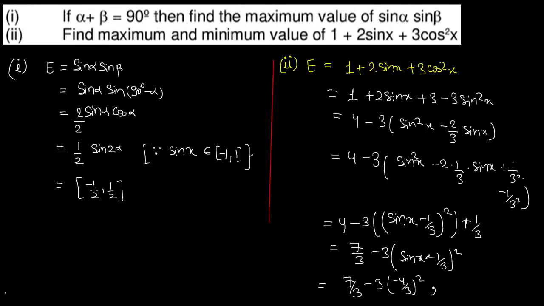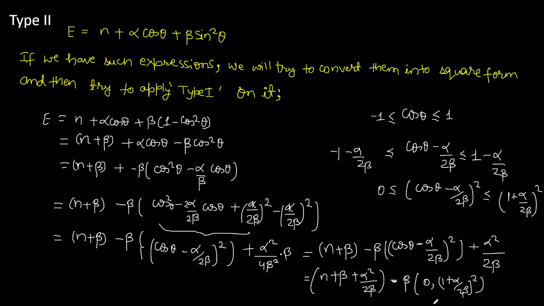When it is exactly 0, we will get 7 by 3. So this will come out to be 16 by 3. So you will get somewhere minus 9 by 3 to 7 by 3, because the minimum is 0 and the maximum is 1 plus alpha by 2 beta whole square.